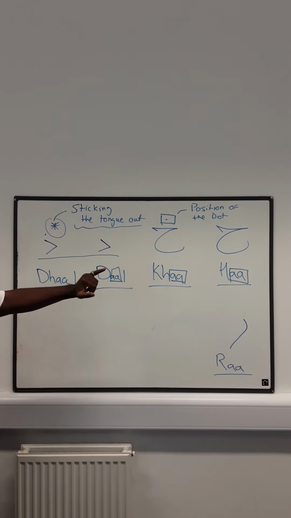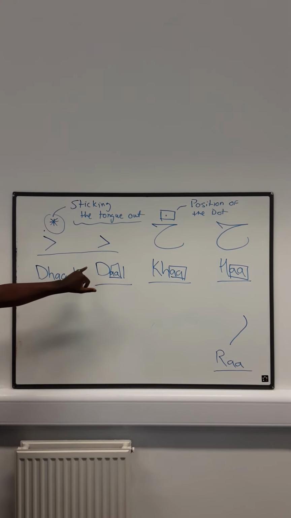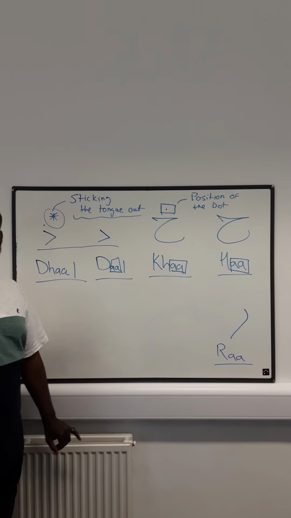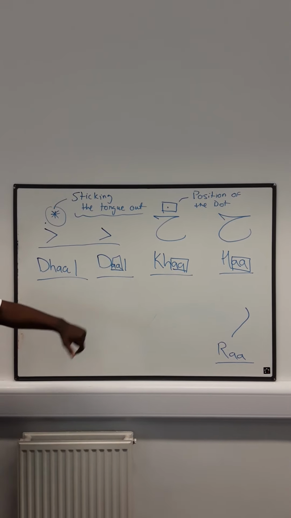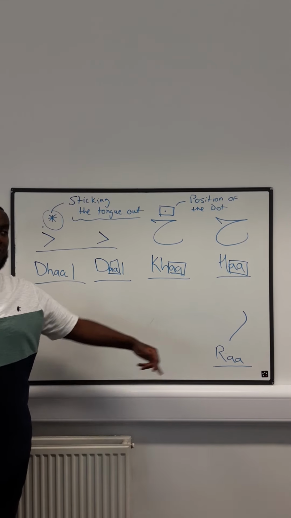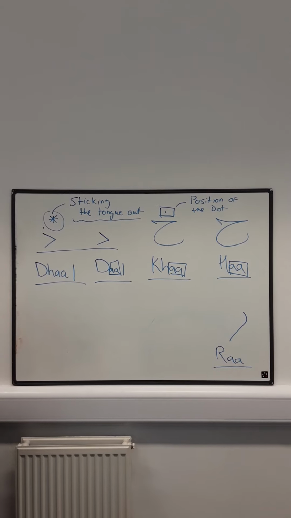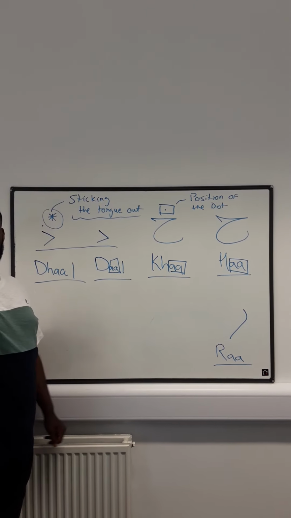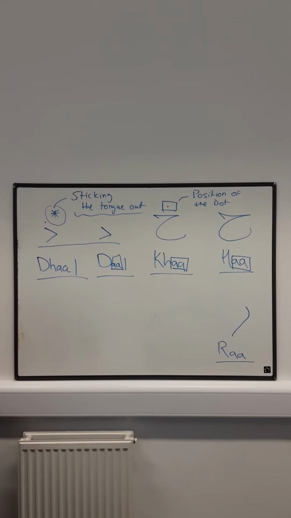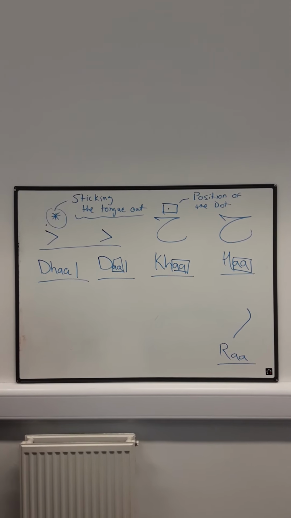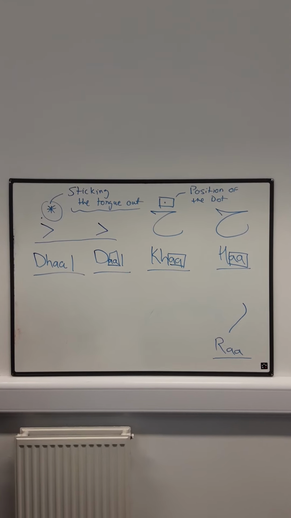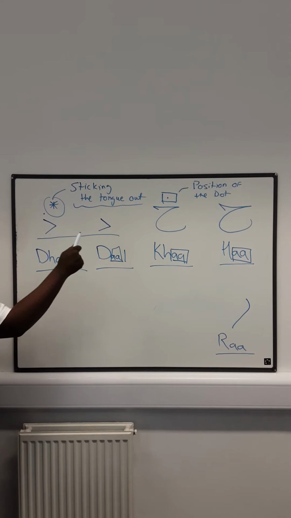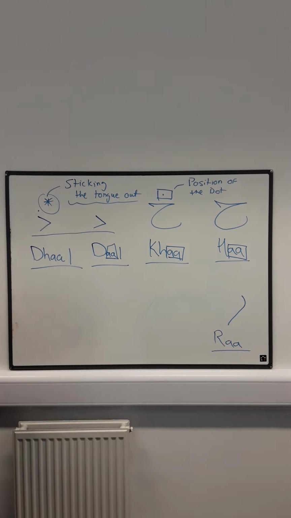So we have Ha, Kha, Dal, Dhal, and Ra. Always remember, Ra for red. Can you say them? Ha, Kha, Dal, Dhal, and Ra. Good.